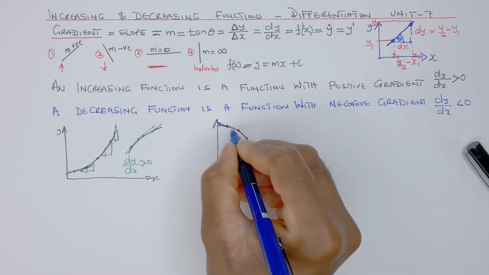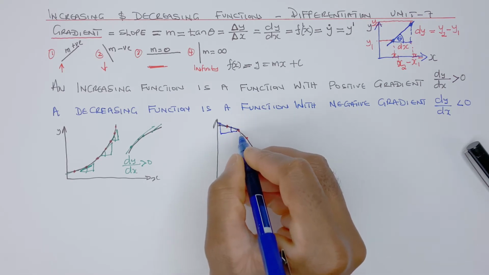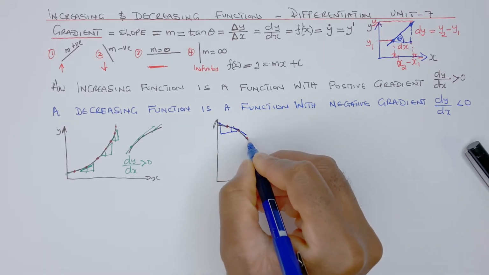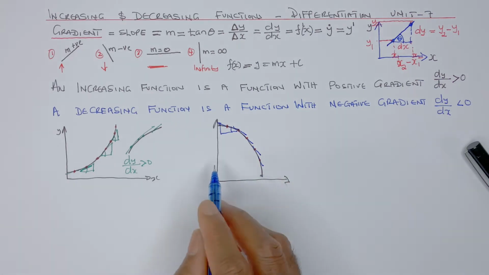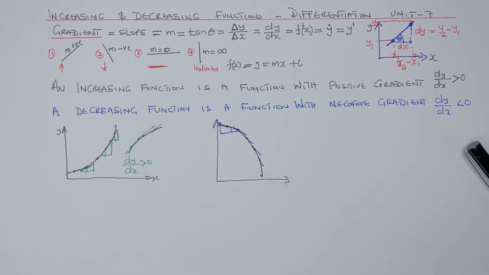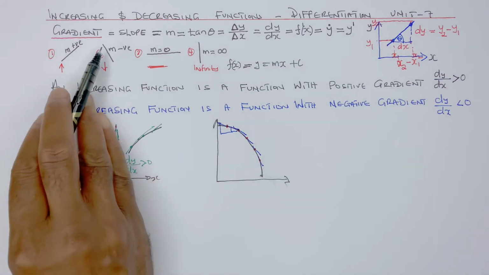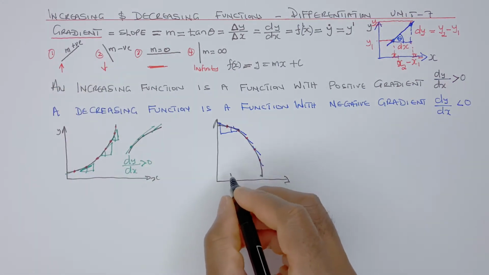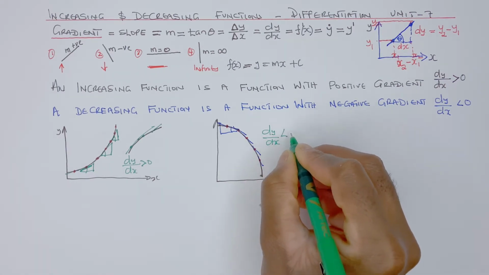So that will be a tangent. You can see it's negative, and if you draw that, there's still a gradient there. Each point has its own gradient. So that's a tangent, and you can see that's a negative gradient because the line is negative. Therefore, dy dx will be less than 0.